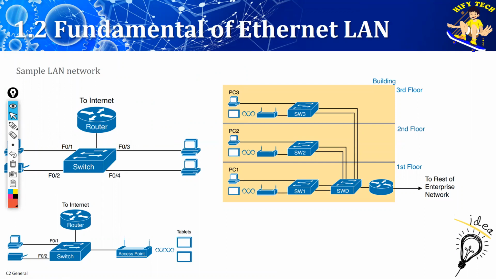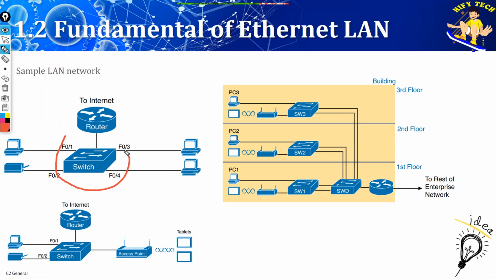So first of all, we need to understand what is a LAN network. LAN is a local area network, local in the sense which is within a room, within a house, within an office. So that is called a local area network. So switches are used in a local area network. For example, in this diagram, if you can see, there is a switch and there are two PCs on this side, there is one PC on this side, and this is the printer.